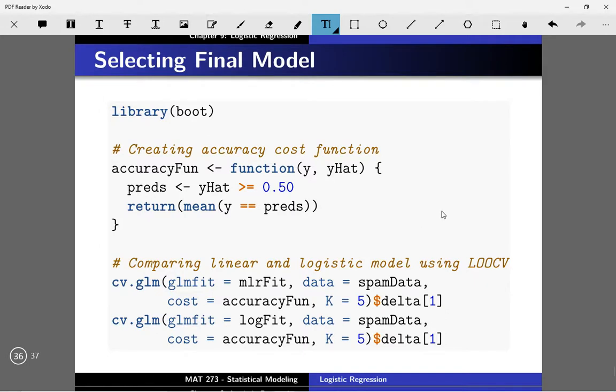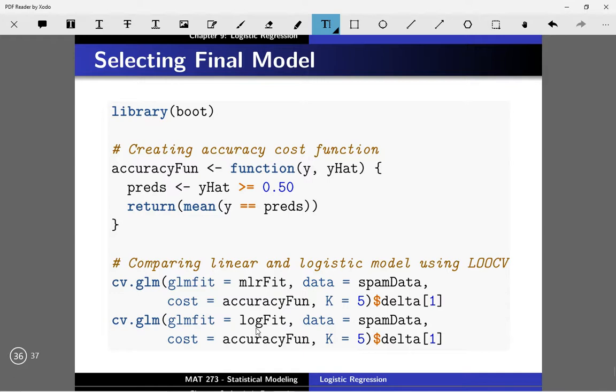Okay, and specifically one way we can do this is using leave-one-out cross-validation, LOOCV. For example, here we have 300 emails. So we fit 300 total, say, logistic models, where each one is fit on 299 data points, and we leave out a different observation each time.